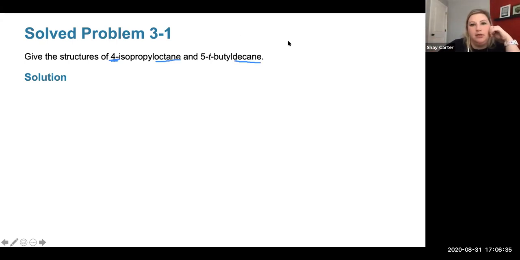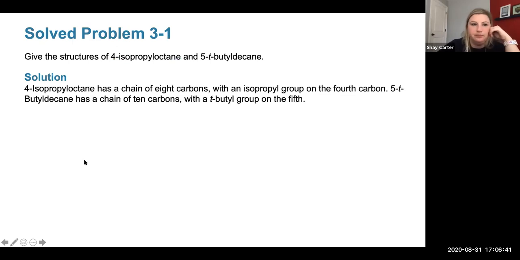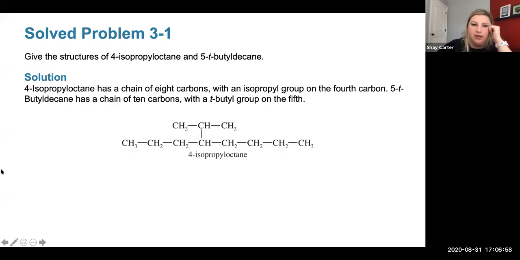Let me clear all my drawing. So 4-isopropyl octane has a chain of 8 carbons with an isopropyl group on the 4th carbon. Good, we got that part right. And then a 5-T-butyl decane has a chain of 10 carbons with a T-butyl group on the 5th.